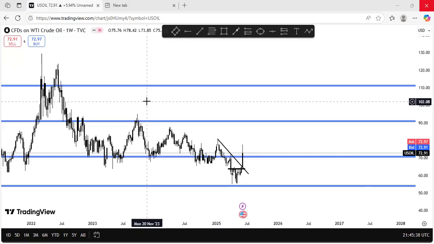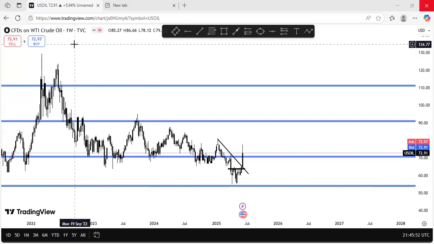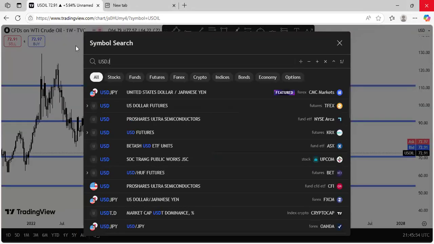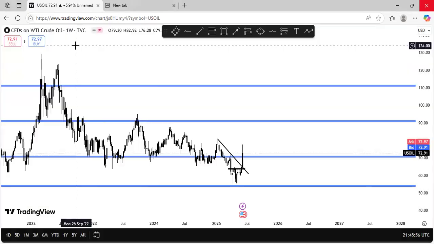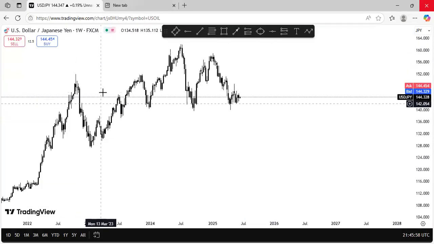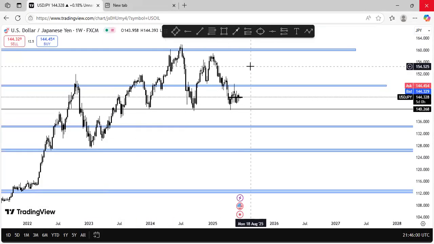With that being said, I'm going to go through dollar pairs, especially in relation to what we did last week. So let me go first of all to our USD JPY.